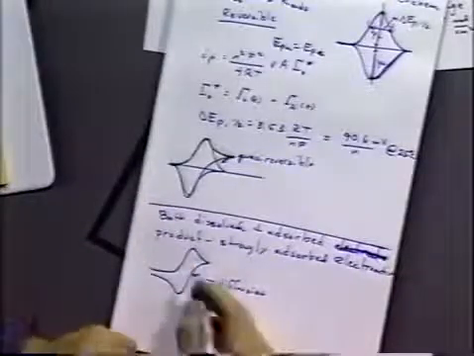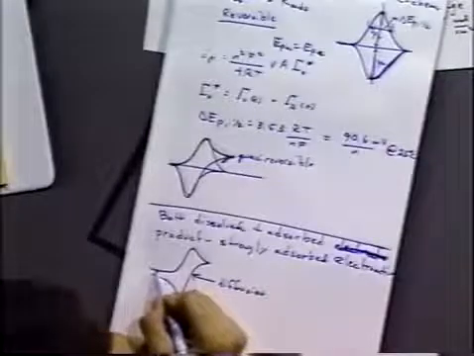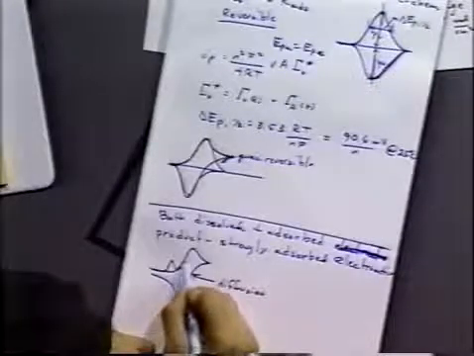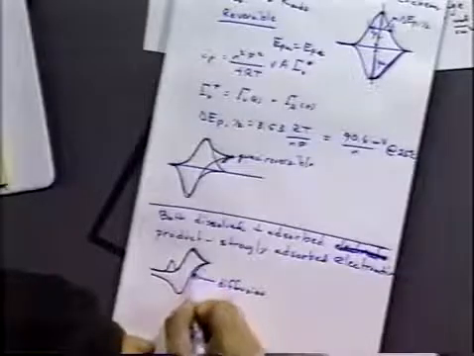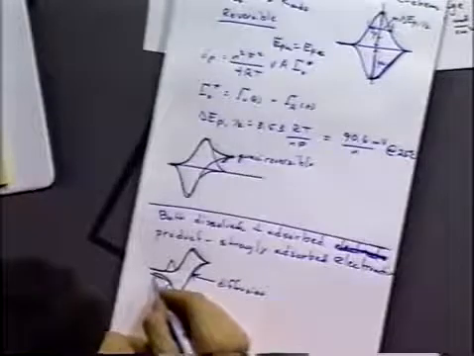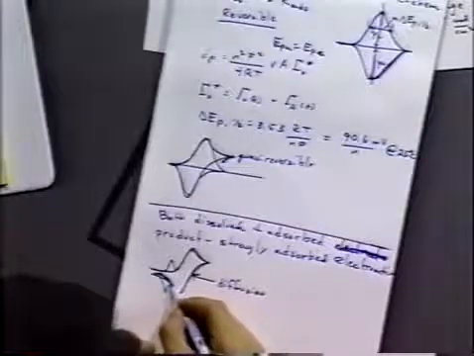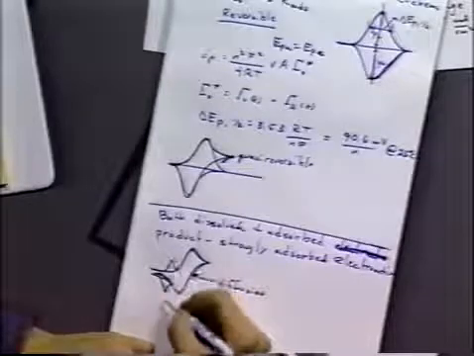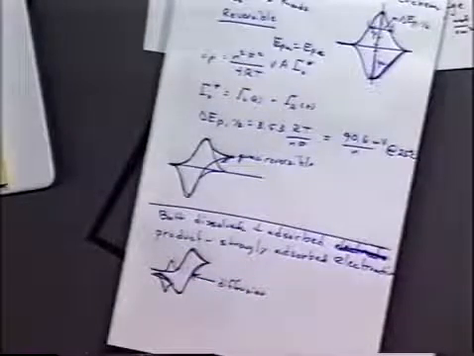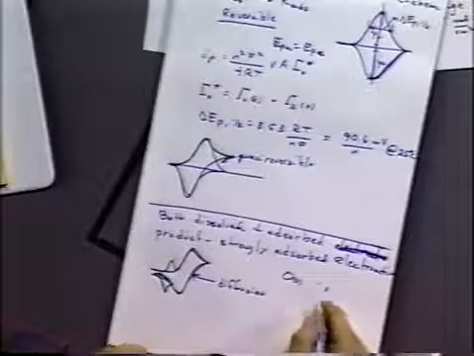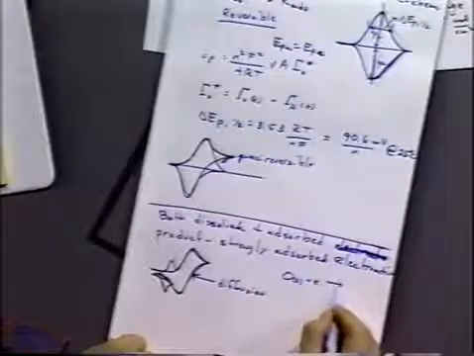But if we have the product strongly adsorbed, what we see is a pre-peak, perhaps something like that, and a slight change in the shape of the wave. But this pre-peak occurs just before the diffusion peak. And so that would correspond to O in the solution undergoing electron transfer.